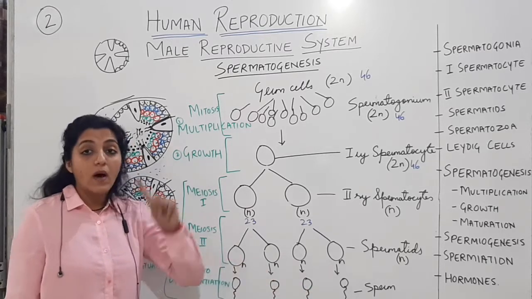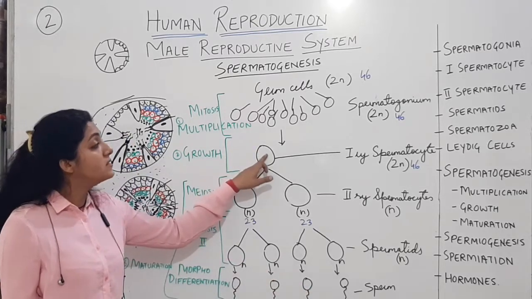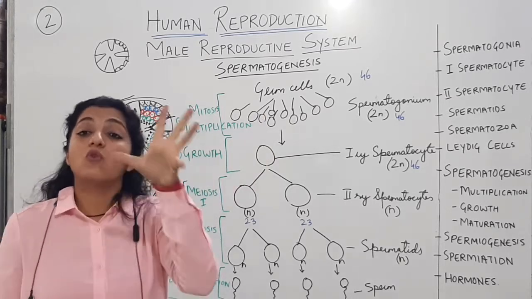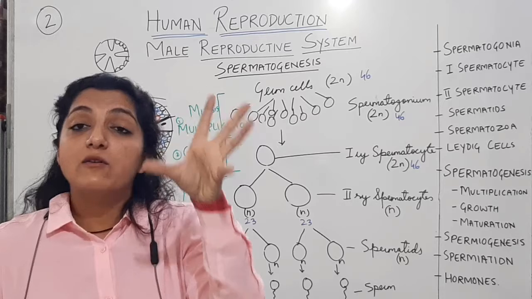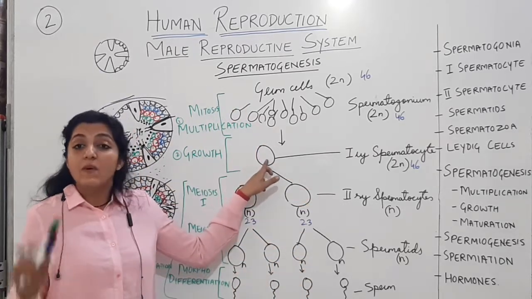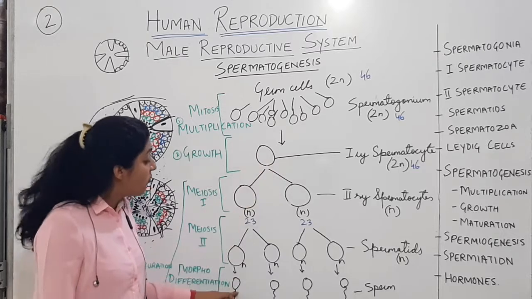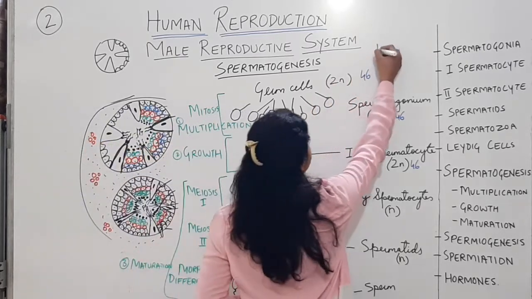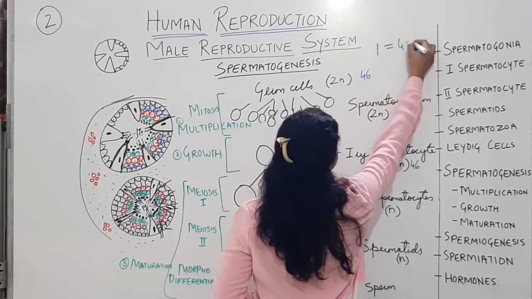One primary spermatocyte or one spermatogonium, एक स्पर्मेटोगोनियम जो ग्रो हो रहा है साइज में और स्पर्मेटोसाइट बन रहा है, one spermatogonium or one primary spermatocyte can form 4 sperms. Is it clear? One spermatogonium can form 4 sperms.